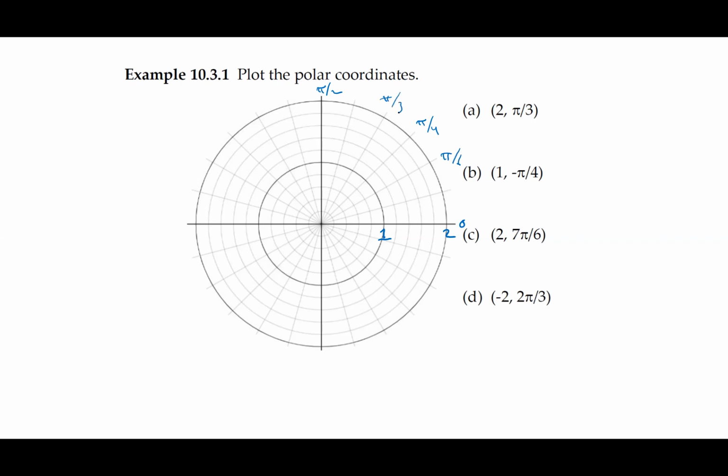That's pi thirds. So for 2, pi thirds, here's 2. You rotate pi thirds. That's the point 2, pi thirds.